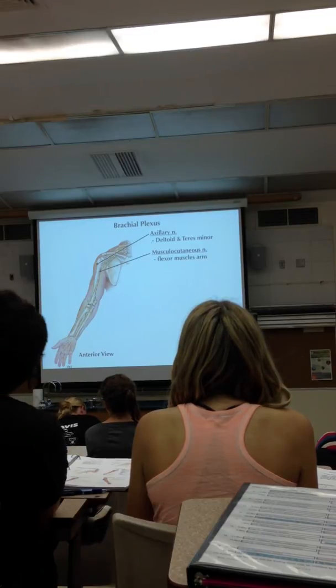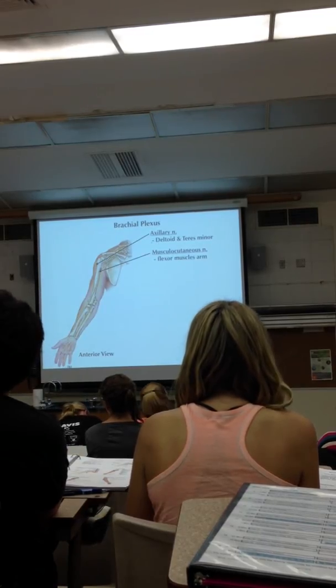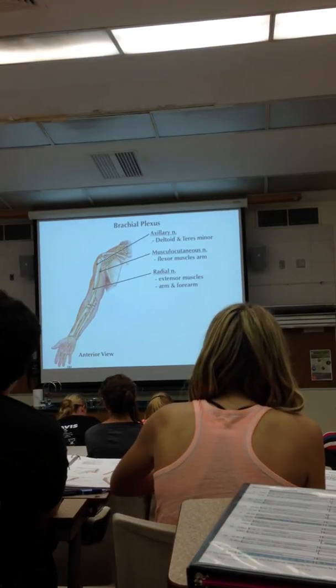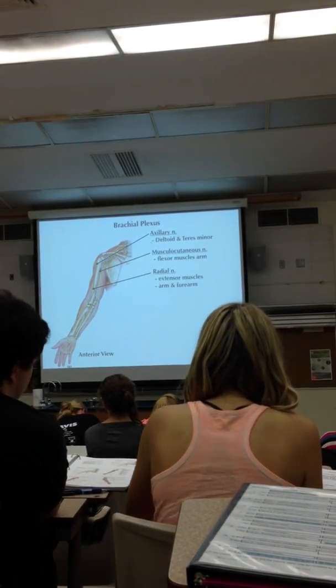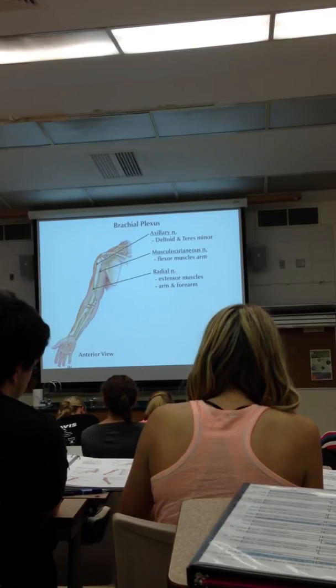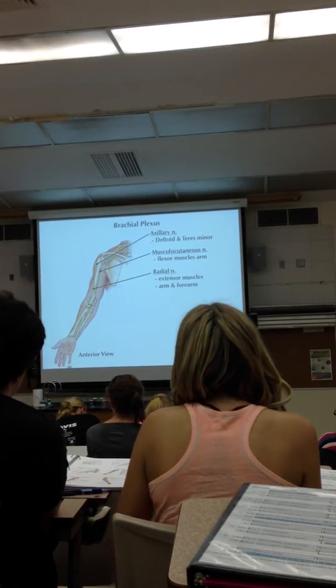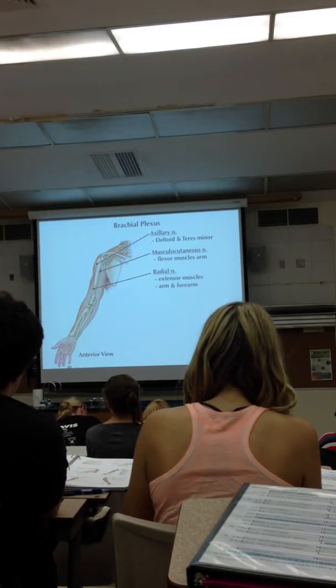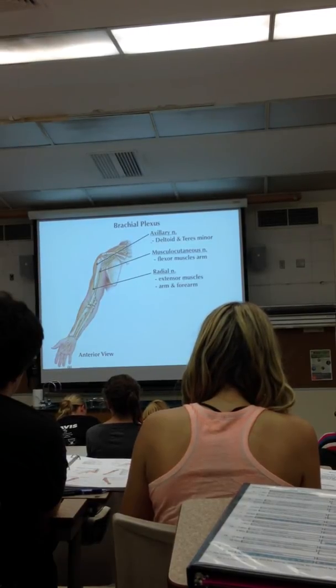Biceps brachii and brachialis. Radial nerve is the other branch, basically, of the posterior chord. This gets all the extensors down the whole back of both the arm and the forearm. So triceps brachii, all those extensor carpi, and all those things. Okay.